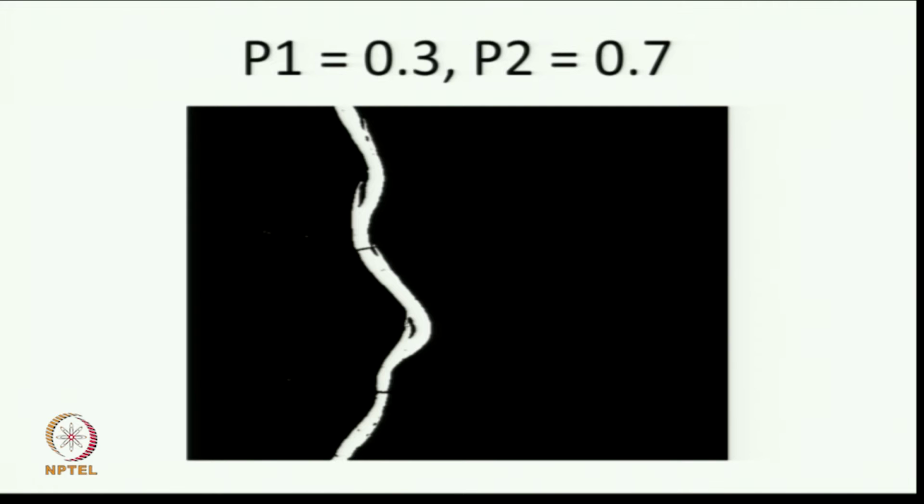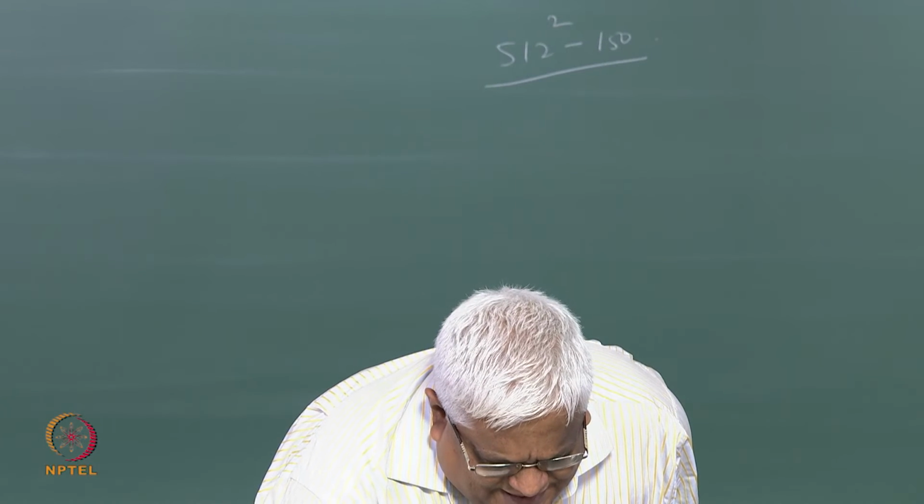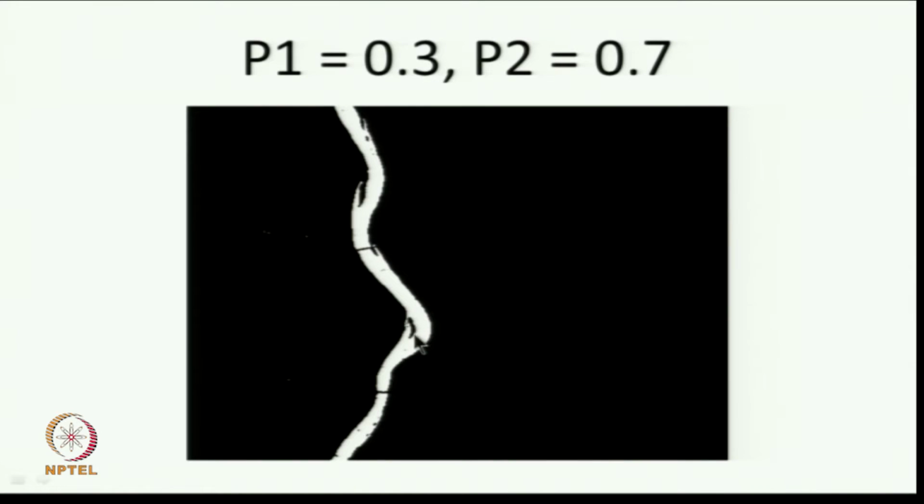You see, in the river portion there are many black dots. So, these points are misclassified. But then you see there is a patch here. This patch corresponds to where the river got dried up, and this patch again corresponds to the situation where the river got dried up.